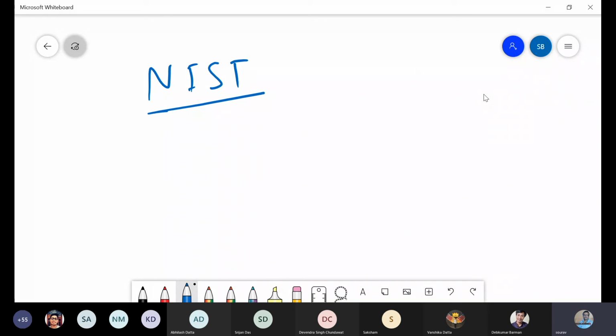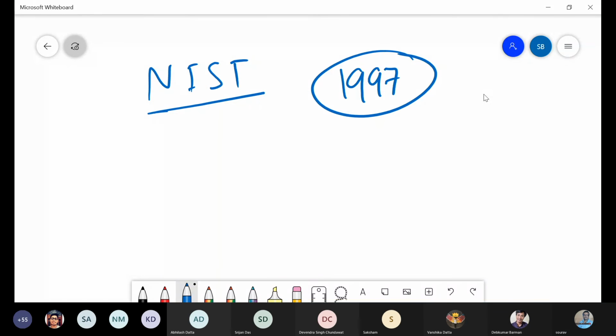I have to check the years. Maybe it was 1997 or something like that. Please check these years, it is there in the lecture notes. Instead of designing by themselves, they announced a competition to submit a block cipher, so that they can choose one.